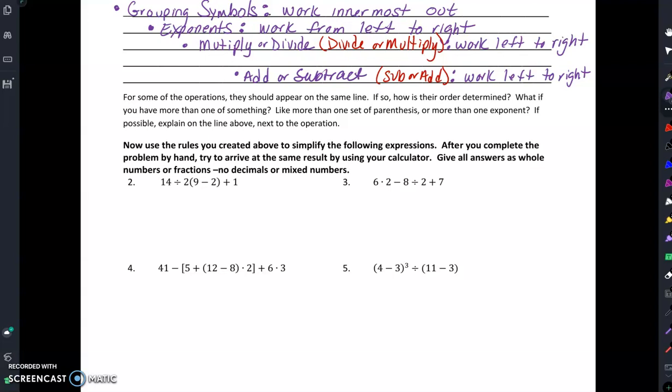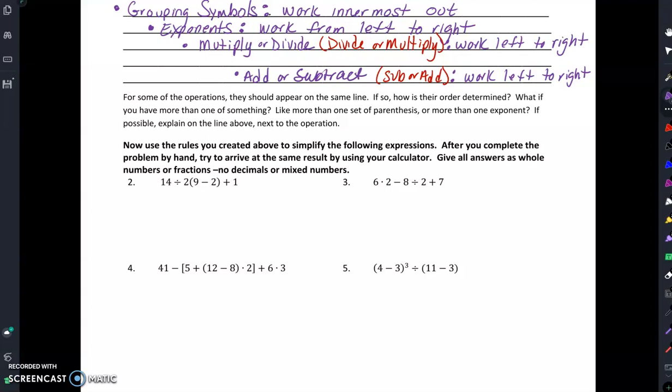We're not going to do any decimals or mixed numbers for this exercise. Okay, so I'll do a couple here, and you can pause the video and try on your own. I really recommend that. And then I'll do some problems for this video, and then I'll do another couple videos to keep them short.